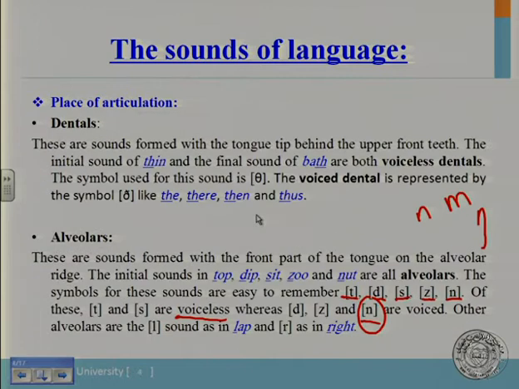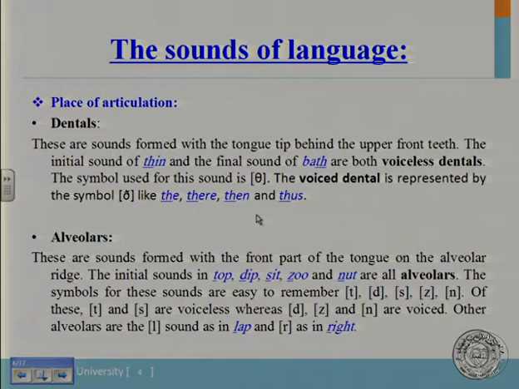That's why n, m, and ing are called nasal sounds. And remember, all nasal sounds are voiced.